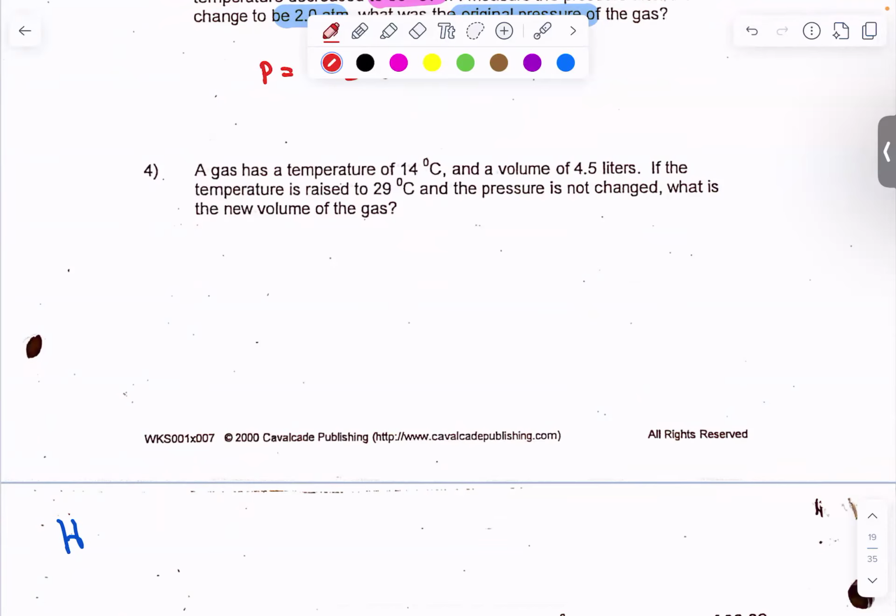A gas has a temperature of 14 degrees Celsius and a volume of 4.5 liters. If the temperature is raised to 29 degrees Celsius and the pressure is not changed, what is the new volume of the gas? So we're solving for V2. It doesn't say what the pressure is.